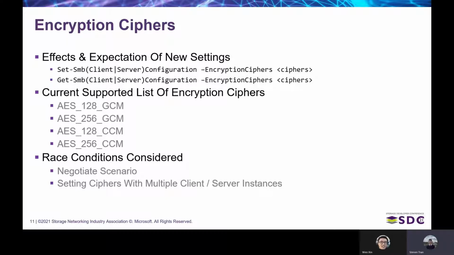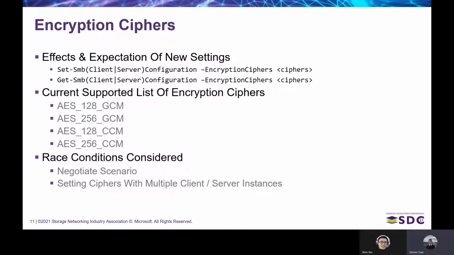So while implementing these new commandlets, we had to consider two key areas where race conditions might occur. Taking a look at the first one, the first area is about the negotiate scenario in the SMB protocol packet exchange process.